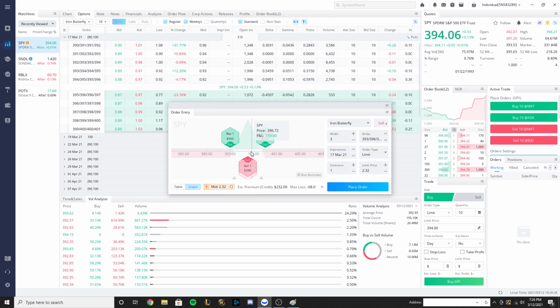You're trying to predict the price, which some people consider impossible, but there is technical analysis, and you can really ramp up your width here. So if we were to bring the width here all the way to 15, and then let's just say that we thought that we were going to have a big week and this was going to run all the way to $403.